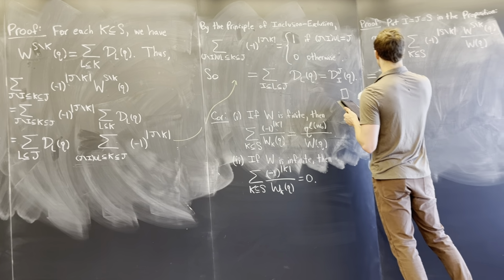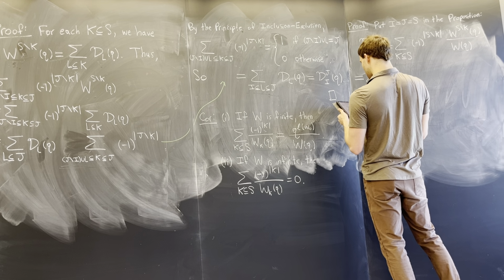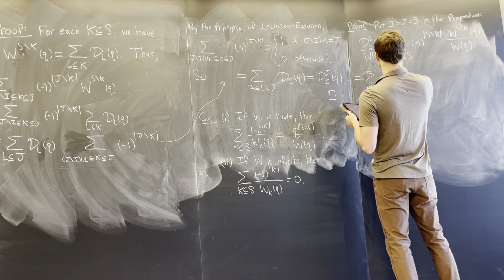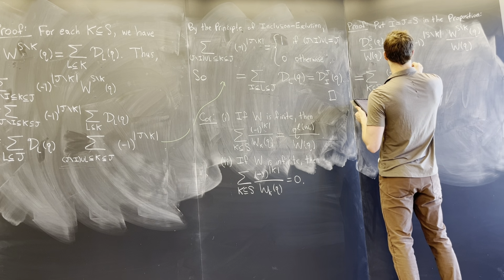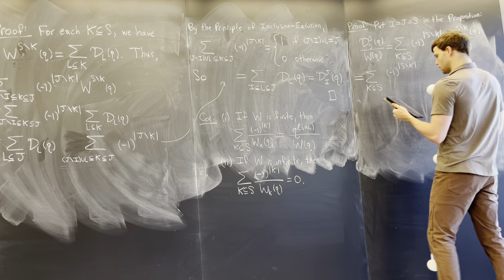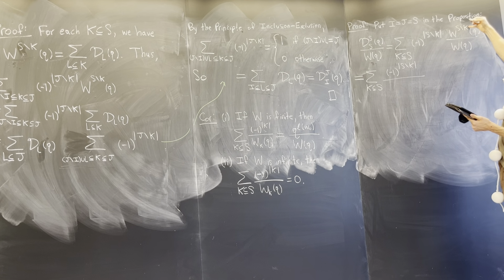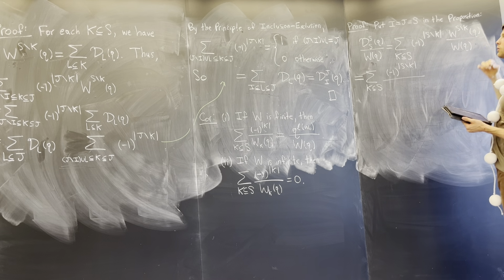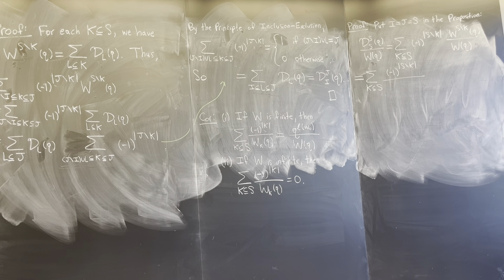And well, what is this thing? Well, it's the sum over k, a subset of S, of -1 to the size of S minus k. And here I'm taking this parabolic quotient and dividing by the full thing, W of q. But if we go back to the lemma that we have, I'm basically saying it's this thing, but with J being replaced by S minus k, and I'm dividing it by that.